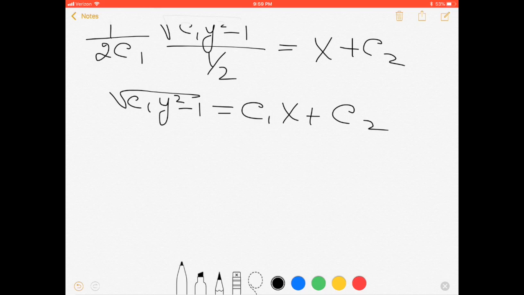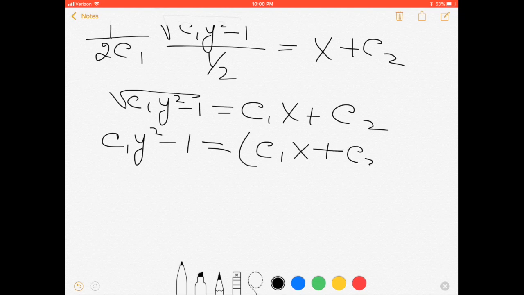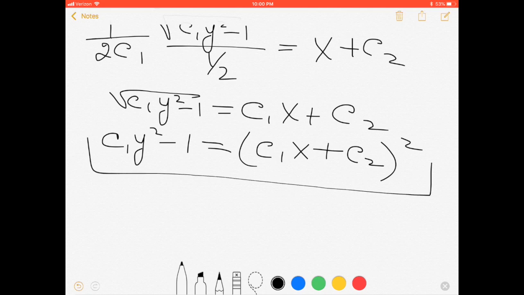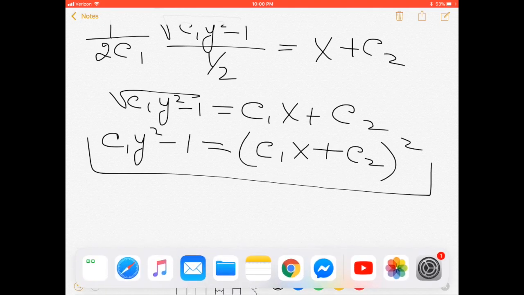Square it. I'm not simplifying, I'm only squaring. It will be c1 x plus c2, squared. This is the general solution of our equation. I think that's what I wanted to tell you about section 1.6. Don't forget to do your homework.